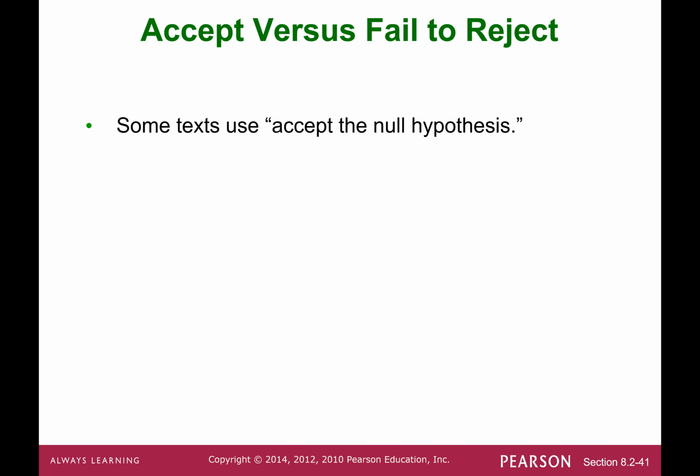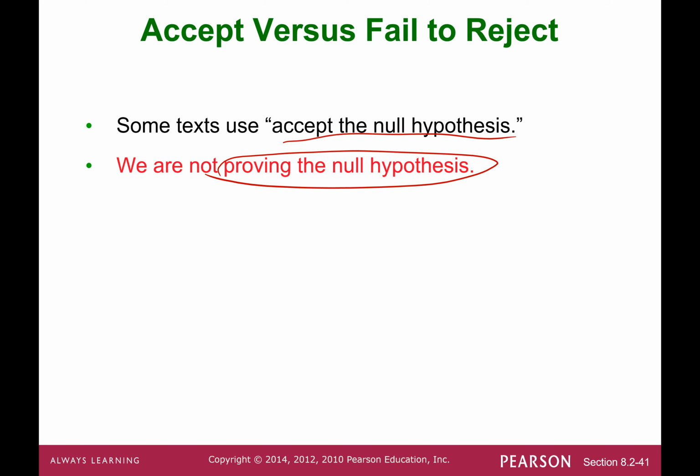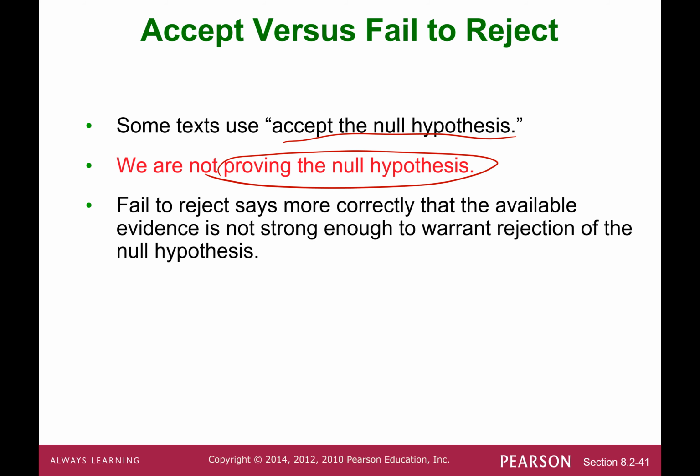Again, typically we do not say "accept the null hypothesis," because we're not proving the null hypothesis. We can't prove the null hypothesis. "Fail to reject" says more correctly that the available evidence is not strong enough to warrant rejection of the null hypothesis.